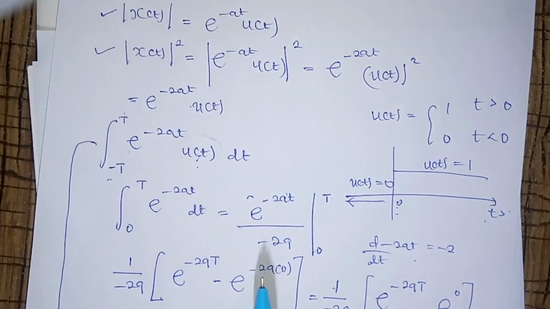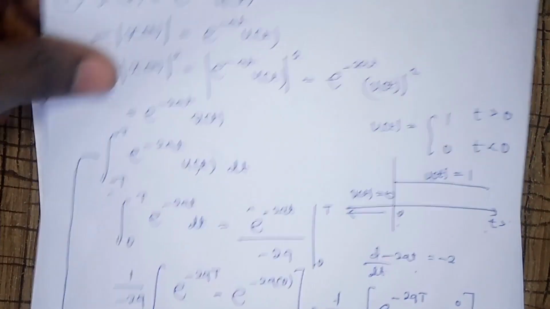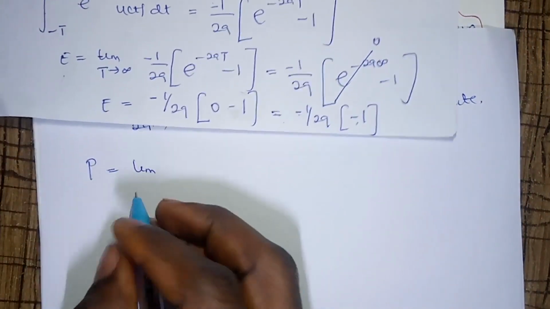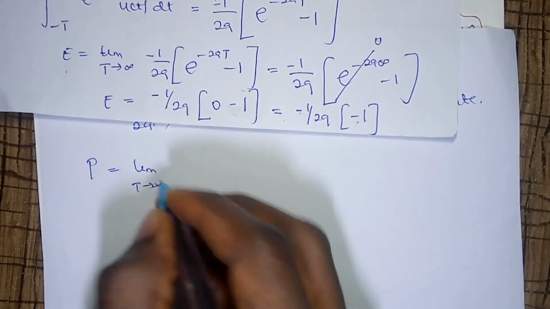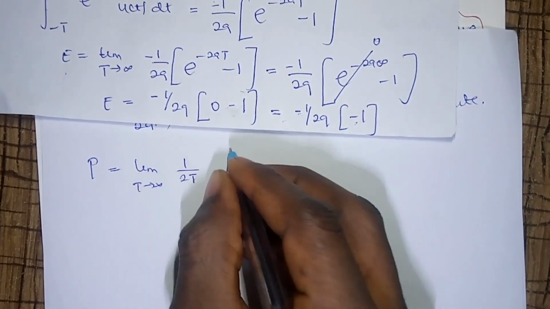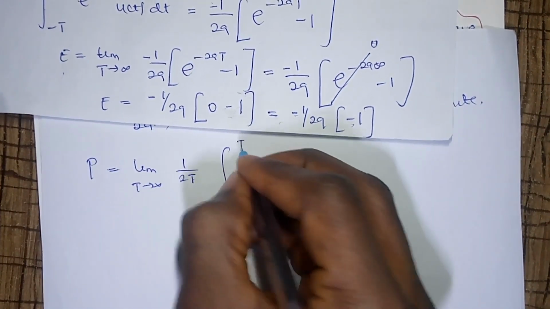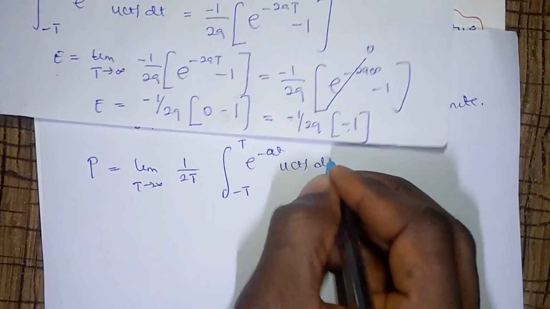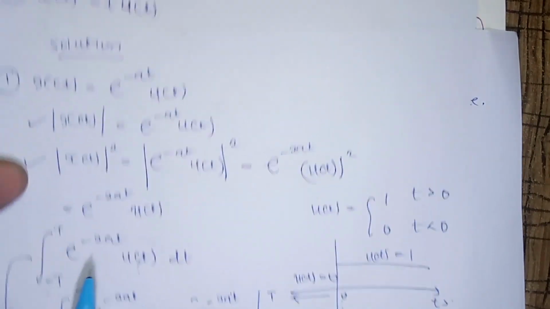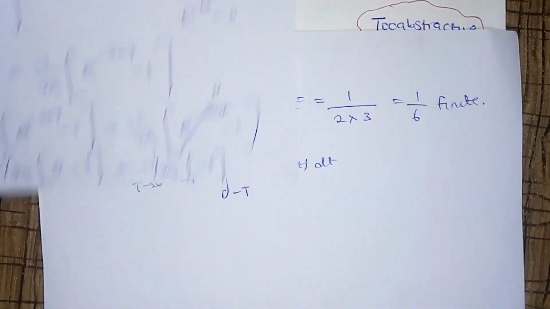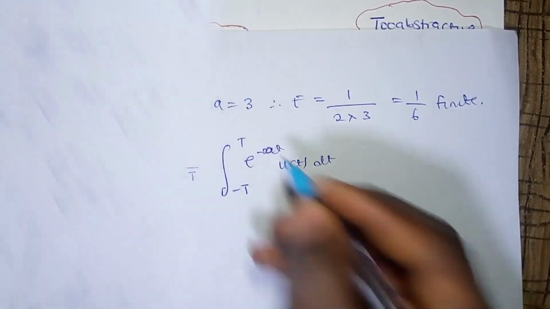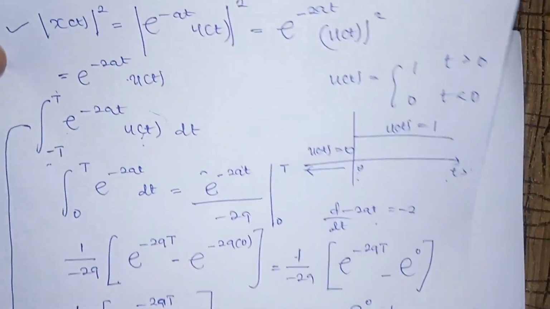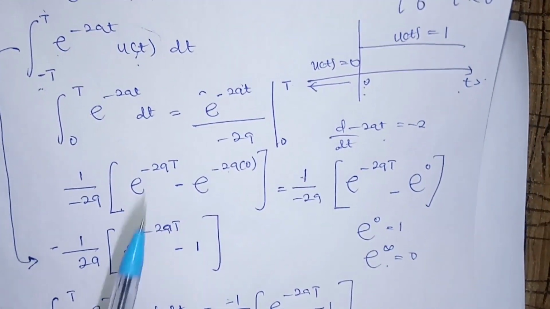And we have already calculated the integration. So the power is the limit as t tends to infinity of 1 over 2t, the integration from negative t to t of e to the negative 2at, u of t, dt. But you already know that this integration is equal to this.